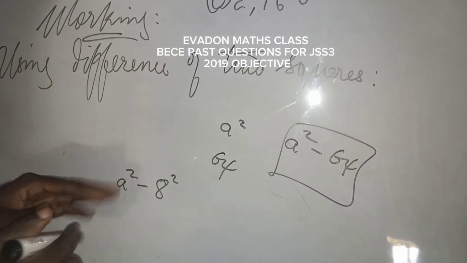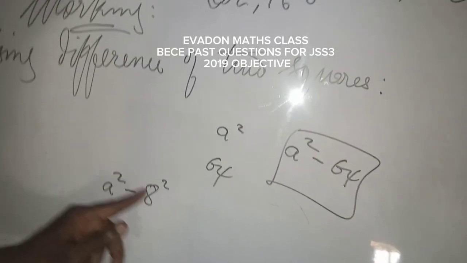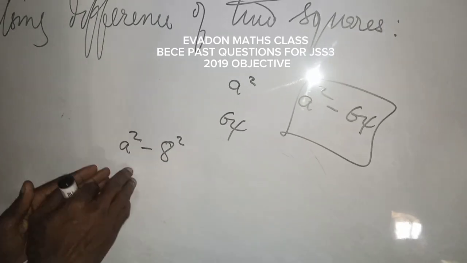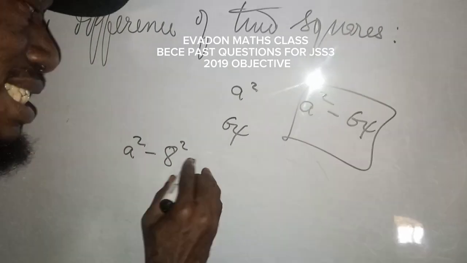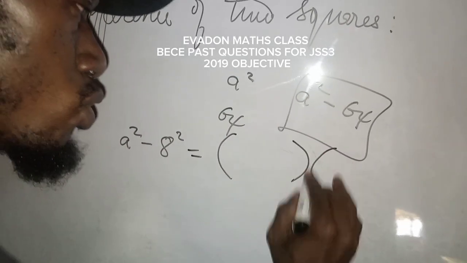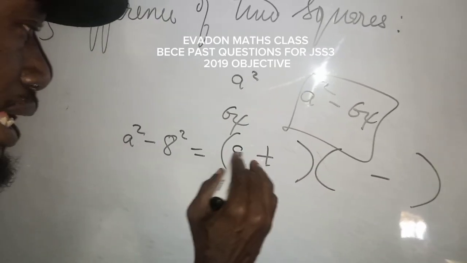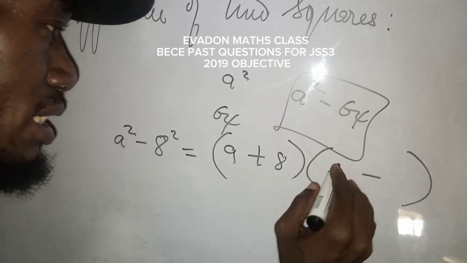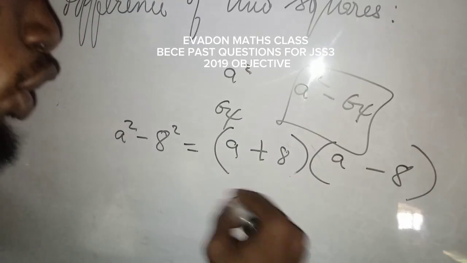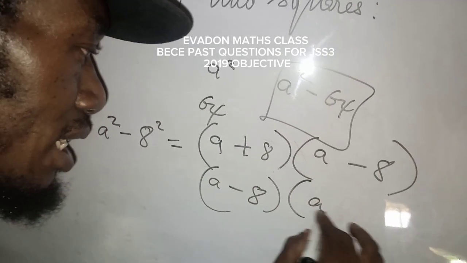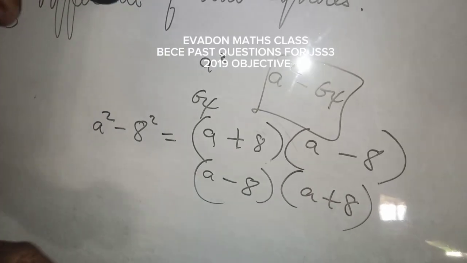That is difference of two perfect squares, and the result is the product of their sum and their difference: a plus 8 times a minus 8. I hope you understand what I just did.